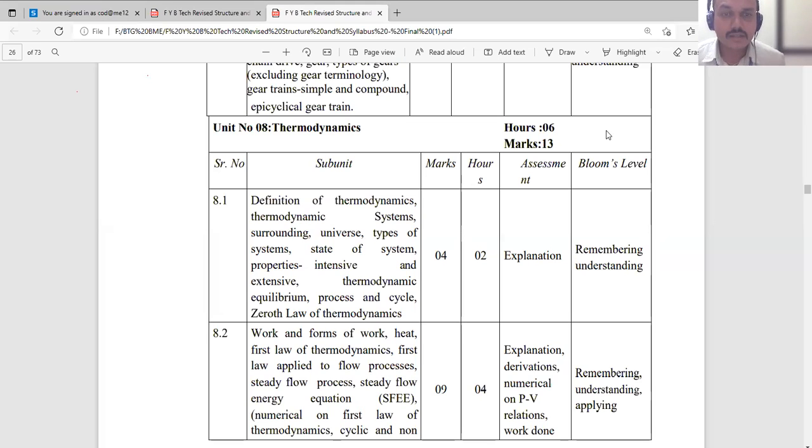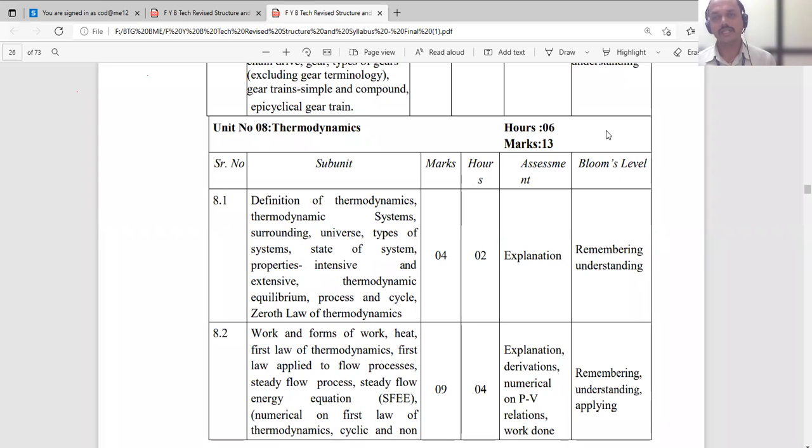So where we are: properties. There are two types of properties: intensive property and extensive property, that we will see at the time of study. But now tell me, which are the properties a system consists of?